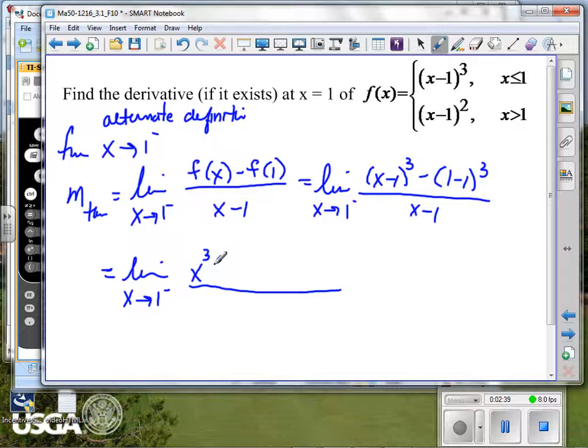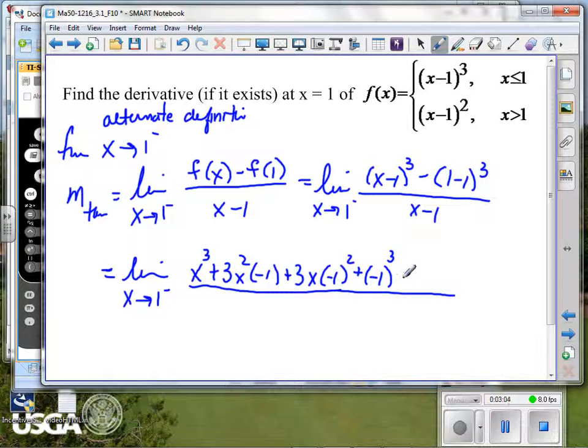So this would be x cubed minus 3x. I'm going to say plus 3x squared times negative 1 plus 3x times negative 1 squared plus negative 1 cubed. This is just the format that I've used to expand that. If you use your Inspire, you would have simplified before.